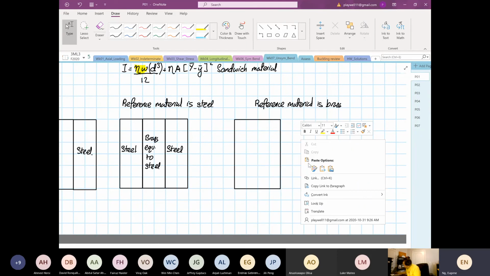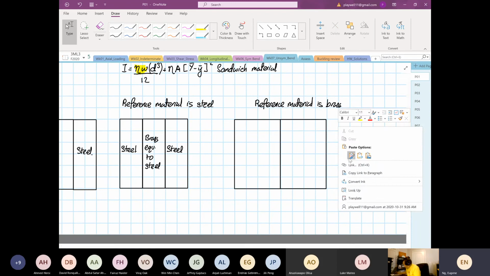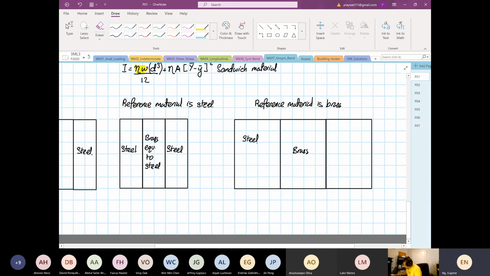Again, an important thing to emphasize over here is the height did not change. Only the width changed. So this is brass. This is steel equivalent to brass.